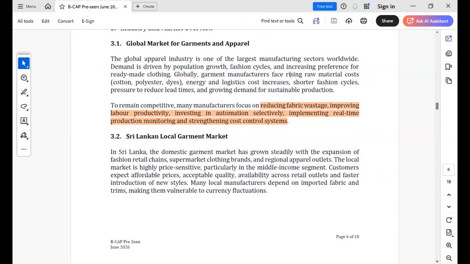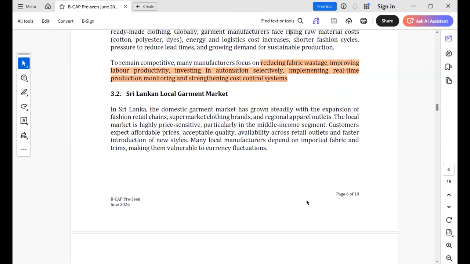Then, if you look at the Sri Lankan local garment market, let me give some overview. In Sri Lanka, the domestic garment market has grown steadily with the expansion of fashion retail chains, supermarket clothing brands, and regional apparel outlets.